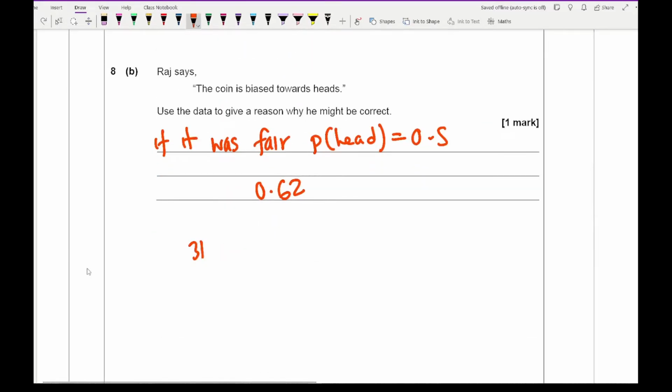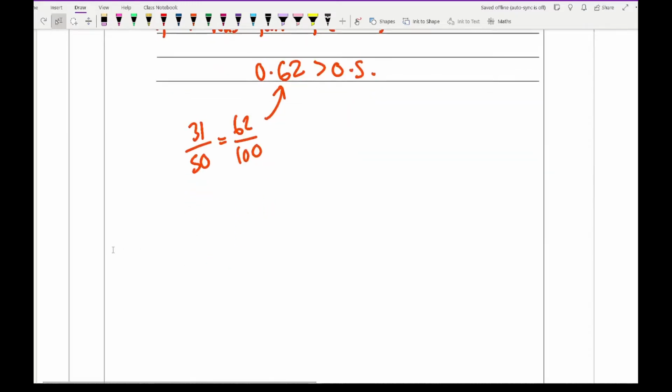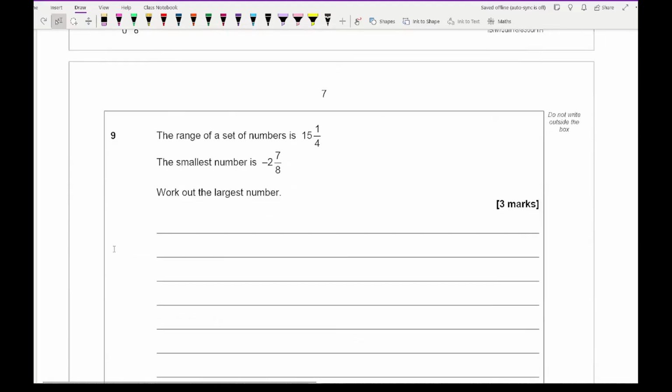If you're not sure how I've done that, 31 over 50 is 62 over 100, which is 0.62, which is greater than 0.5. So something along the lines of the fact that there's more than a 50% chance of getting a head shows that there is a chance it could be biased.